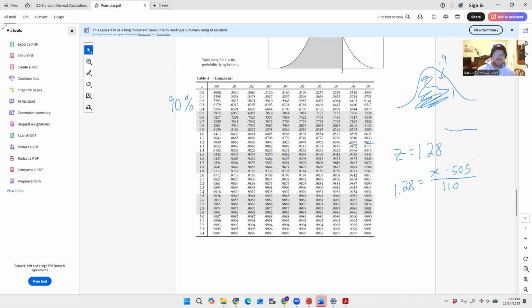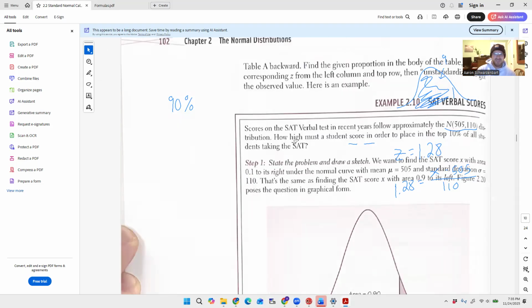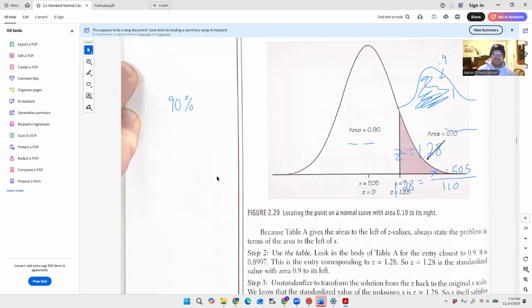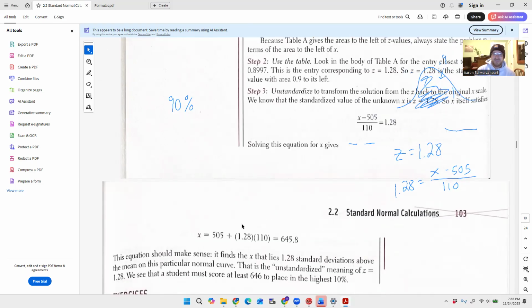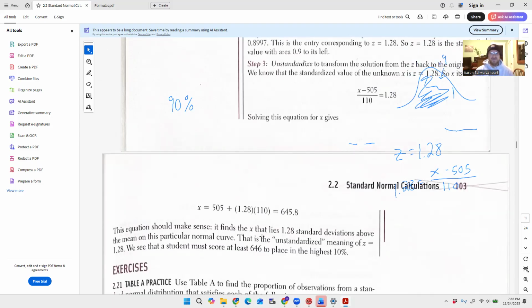I don't have a calculator handy, so I multiply by 110 and then add 505. And if I look at the book, it'll tell me what that works out to be: 645.8.